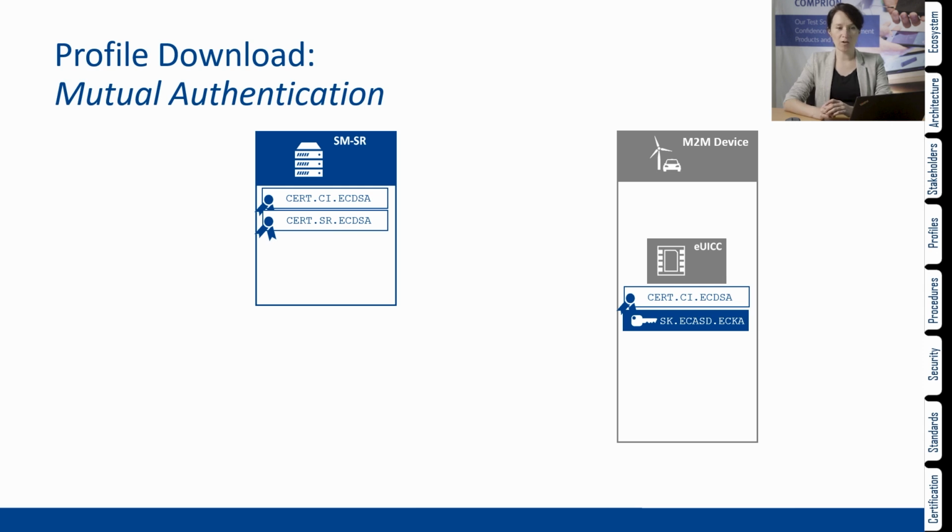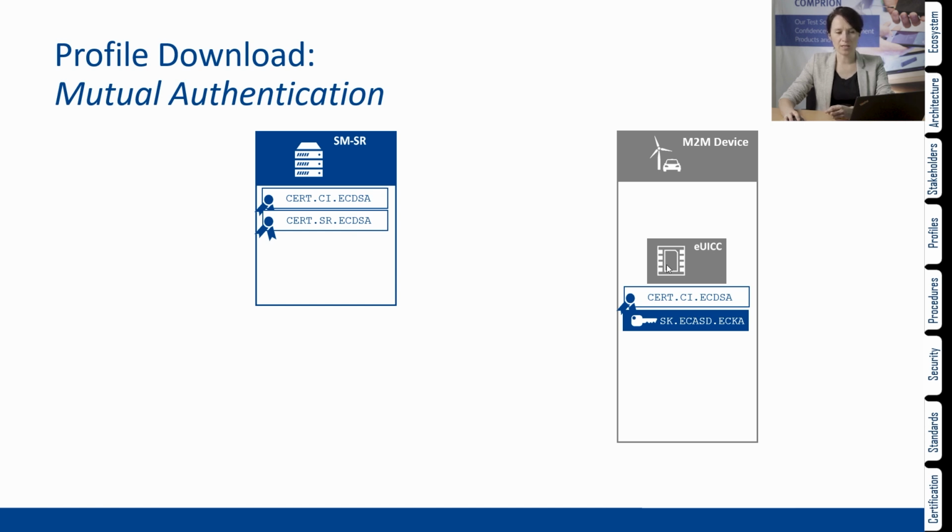Okay, let's take a look at what is inside of the SM-SR and the M2M device with the EUICC. On the SM-SR, we have this root certificate, the trust anchor, and the SR certificate itself. For sure, there are private keys as well.